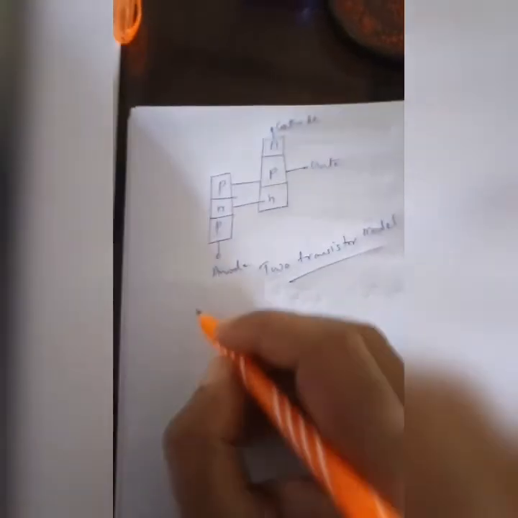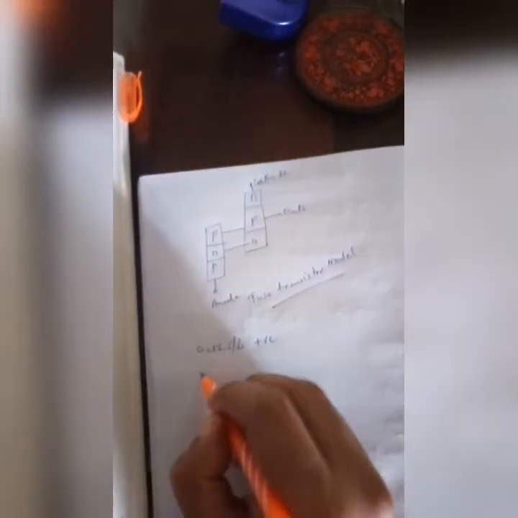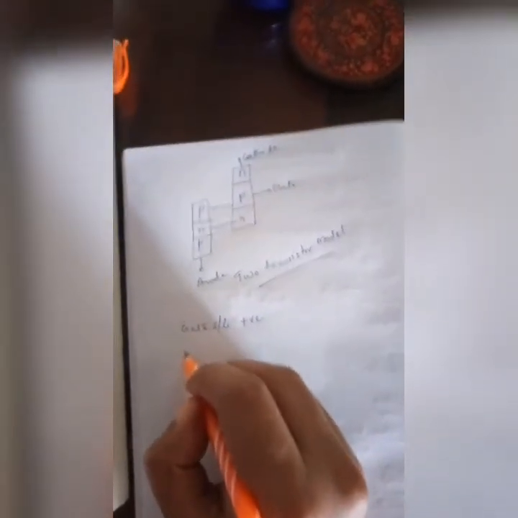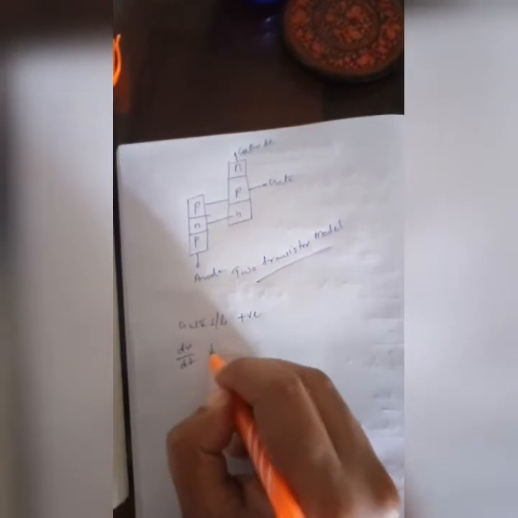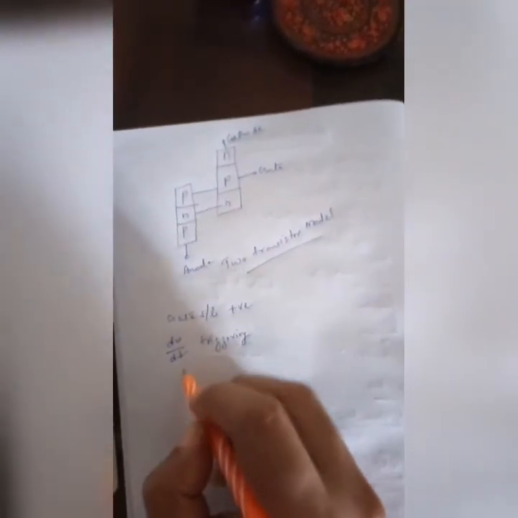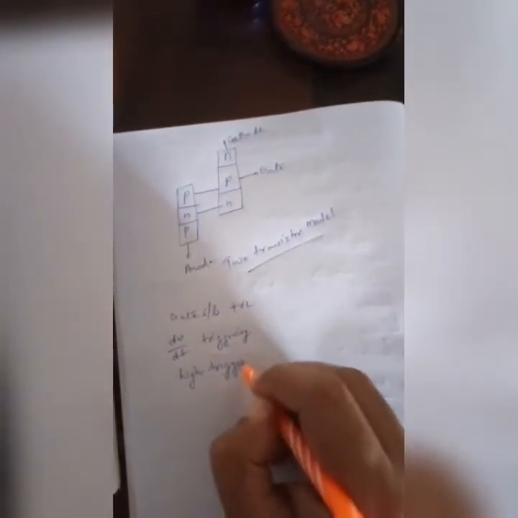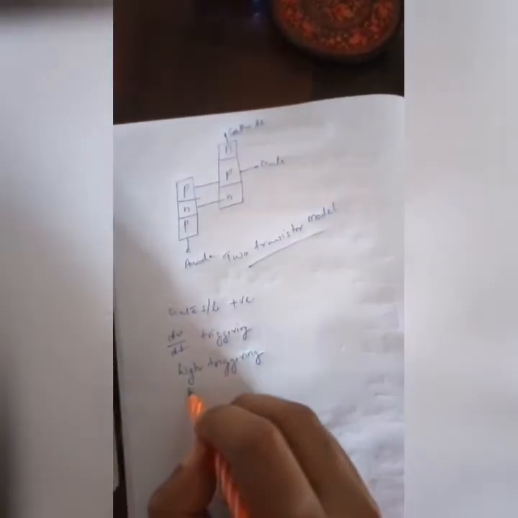So to turn on a thyristor, the gate signal must be positive, or other methods include dV by dt triggering, high triggering, low triggering. When a thyristor is triggered, the gate loses control.